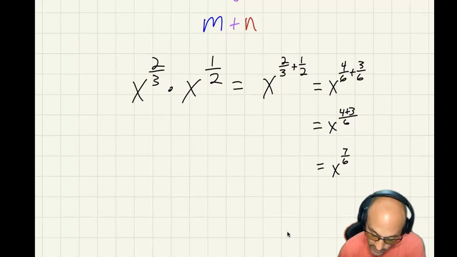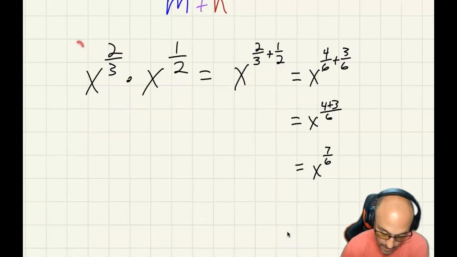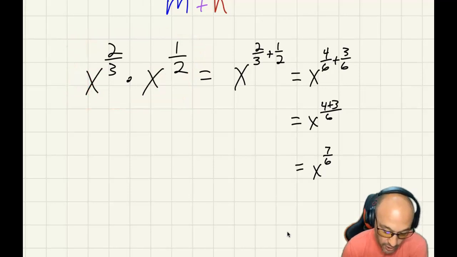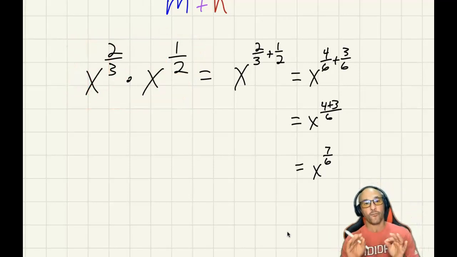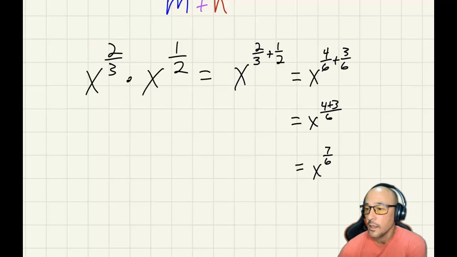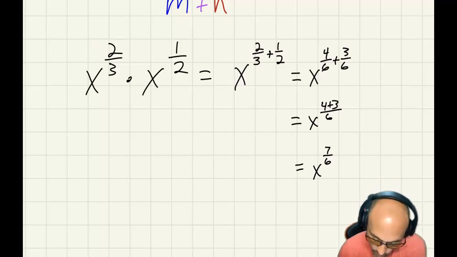So we started off with these bases that are the same, raised to rational exponents. Remember, rational means fraction. So they're exponents with fractions. And that's all we're doing there. And we could convert this into a radical if we wanted to.